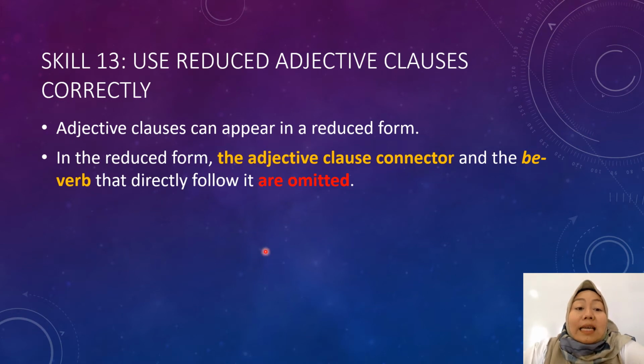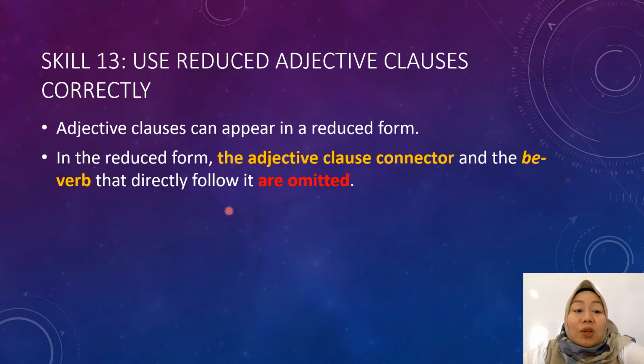Alright, in the reduced form, the adjective clause connector, so if we have clauses, then there are the connectors, right? There can be one or two connectors depending on how many clauses there are in a sentence. But in a reduced form, the adjective clause connector and the be verb that directly follows it are omitted.